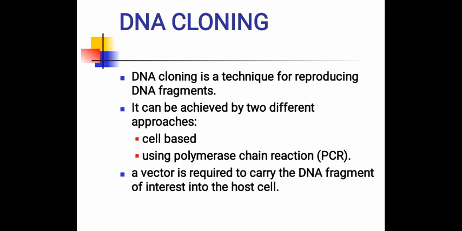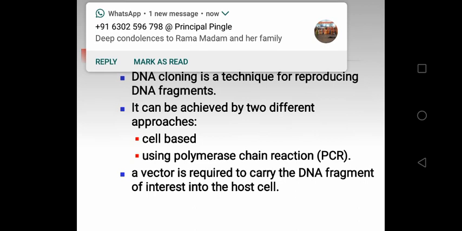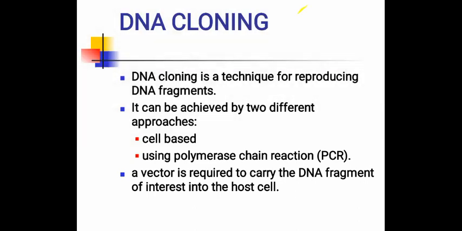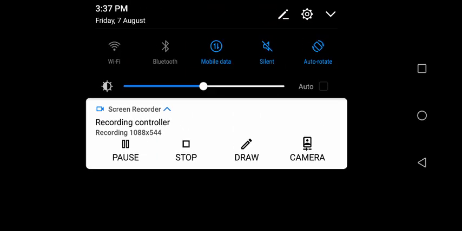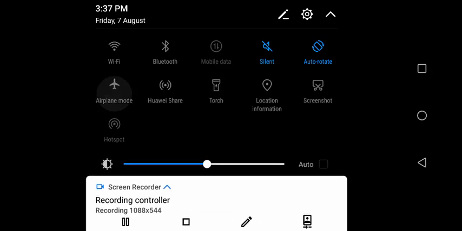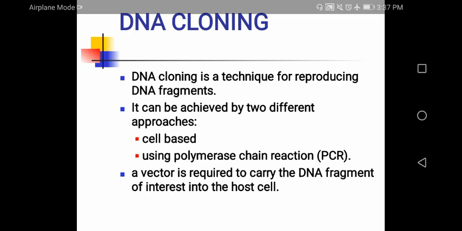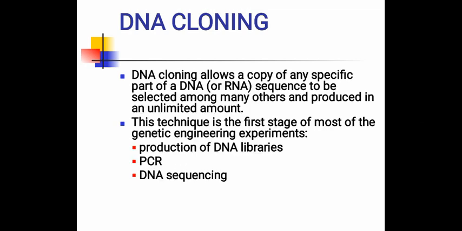For this DNA cloning, a vector is required to carry the DNA fragment of interest into the host cell. DNA cloning allows a copy of any specific part of a DNA or RNA sequence to be selected among many others and produced in unlimited amount.